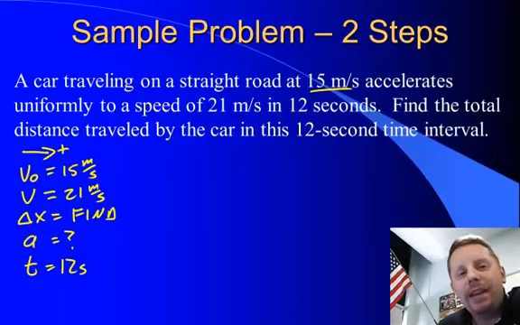Now, when I go to my kinematic equations to choose one that has v naught, v, delta x, and t in it, I don't have one of those equations. However, what I can do is solve for a first and then solve for delta x.